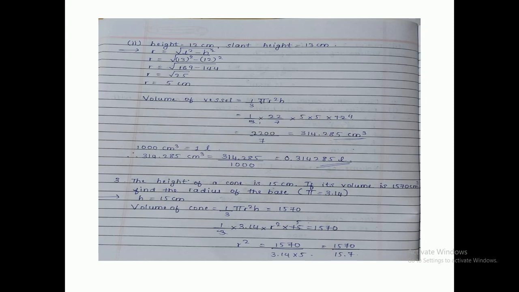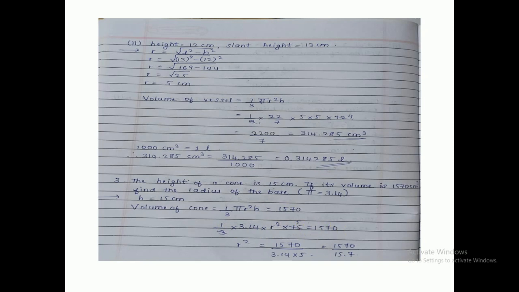Here we have to find out the radius of the base. Okay, pi we have to take 3.14. Height is 15 centimeter, then volume of cone is 1 by 3 pi r square h, that is 1570 centimeter cube. So now substitute 1 by 3 into 3.14 into r square into 15, which is equal to 1570.